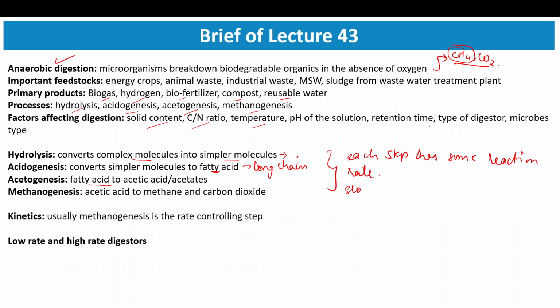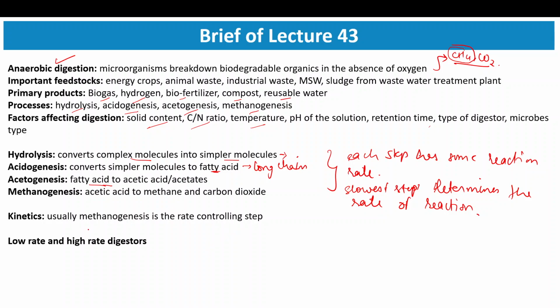The slowest step determines the rate of reaction. So out of all the processes, the one which is slowest will determine the rate of the entire process. Usually methanogenesis is found to be the slowest, and it is the rate determining or rate controlling step.